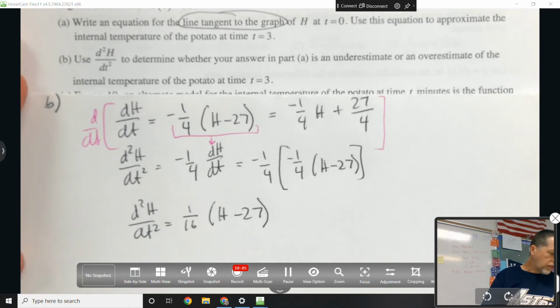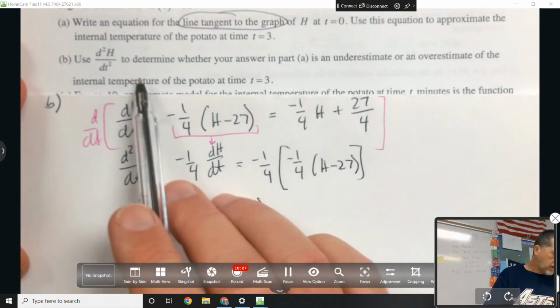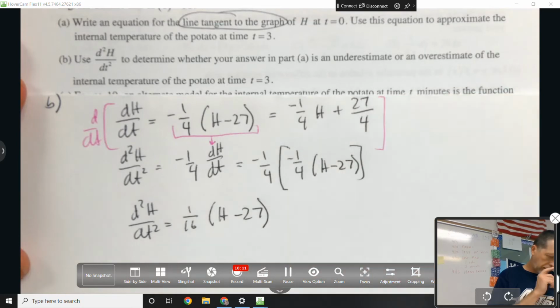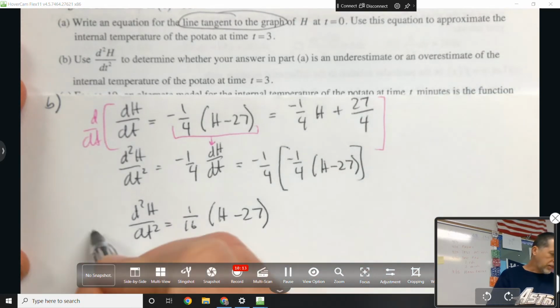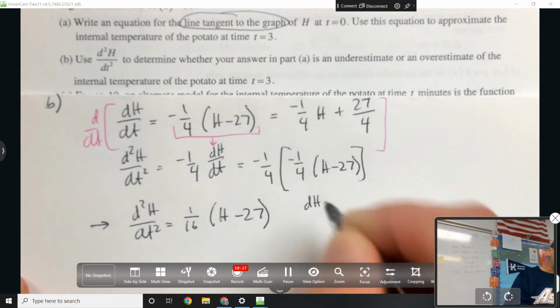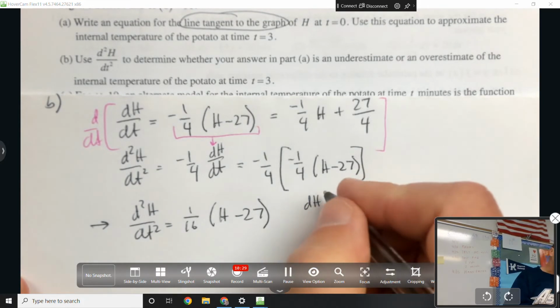Use the second derivative to determine whether your answer in part A is an underestimate or an overestimate. Okay, so there's my second derivative. What about positives and negatives? Is the second derivative positive or negative at time equals 3? Right, because that will help me with concavity and over and under stuff.